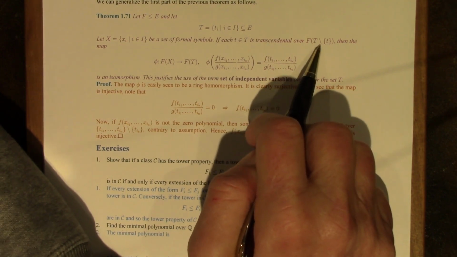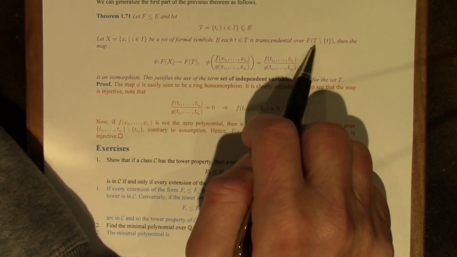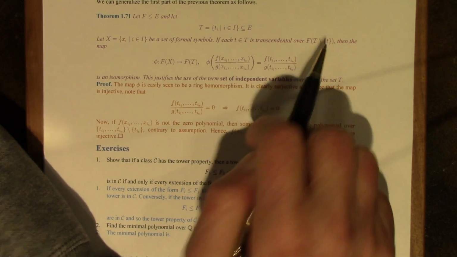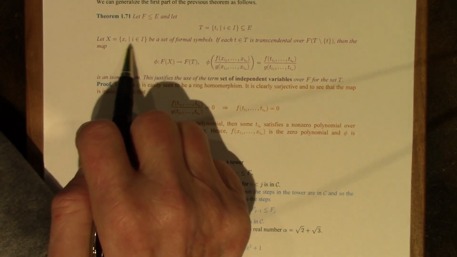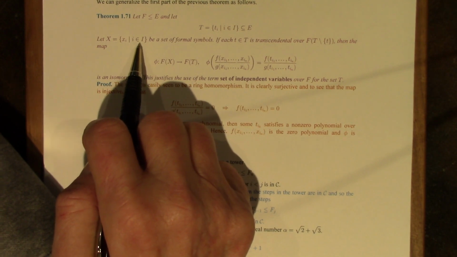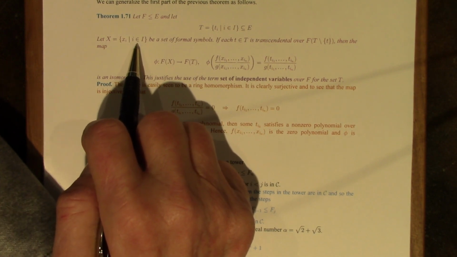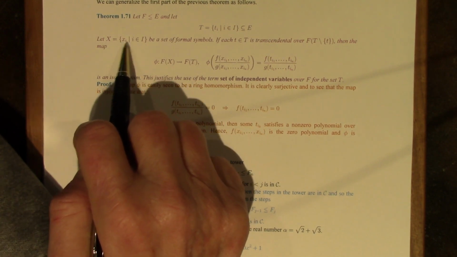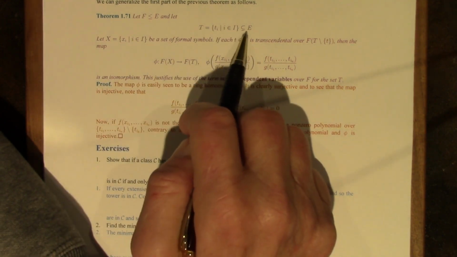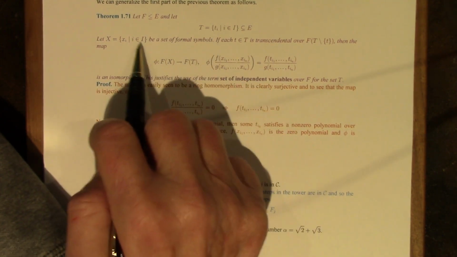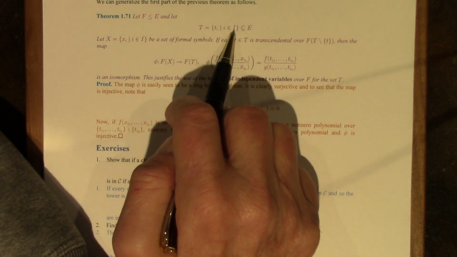That's important. Not just over F, but over F with the other elements of T adjoined. Then if we take a set of formal symbols, or another way to say it, a set of independent variables, same size as the set T. So I used the same index set.